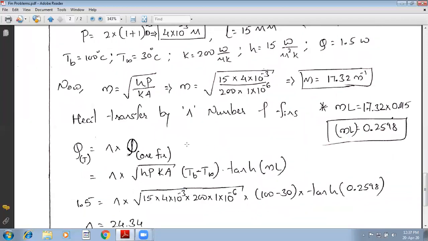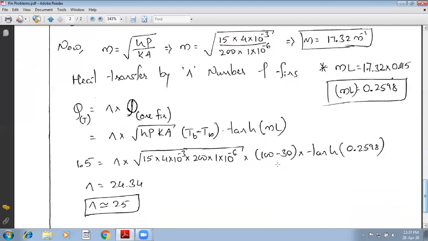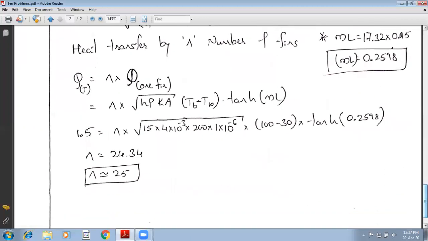Therefore, the total amount of heat to be transferred is 1.5 watts equals N multiplied by all the values. If you calculate for the value of N, this comes out to be 24.34, or considering the next whole number, I can say N should be 25.